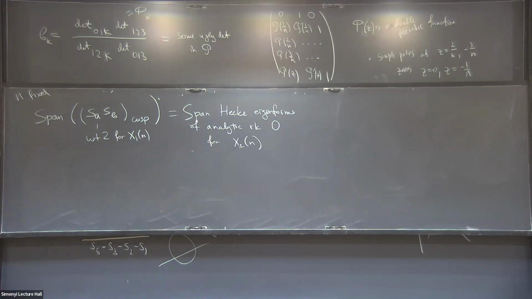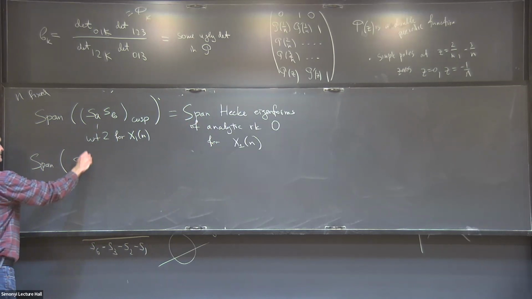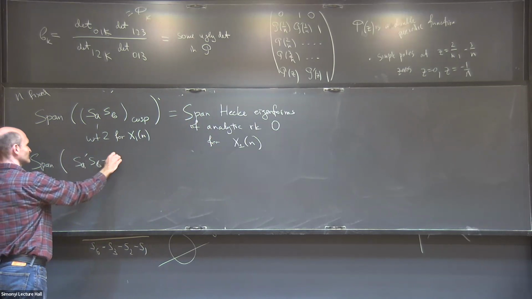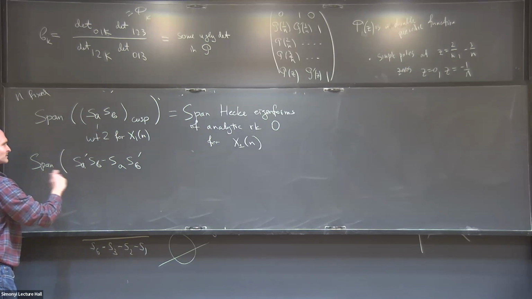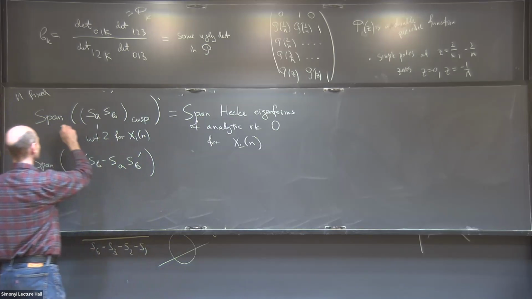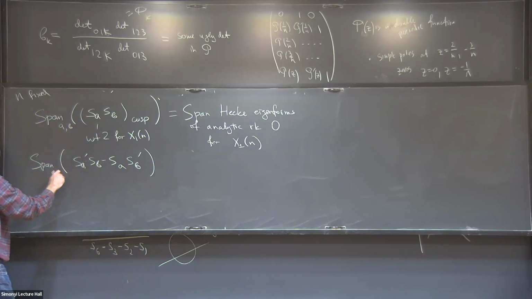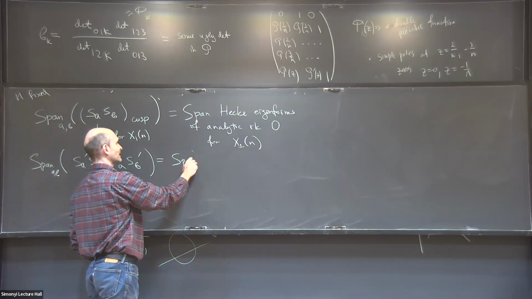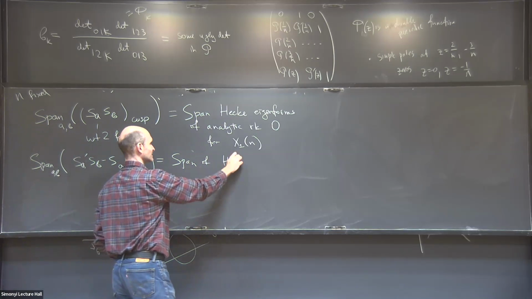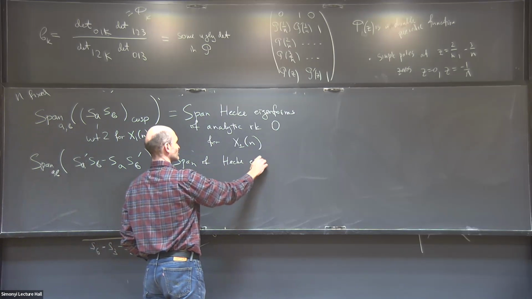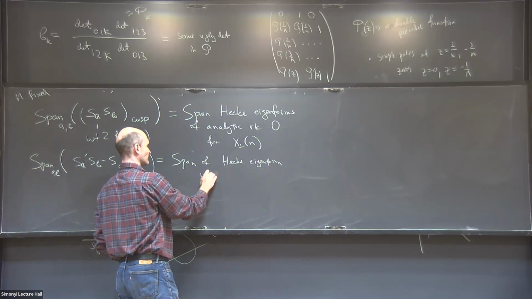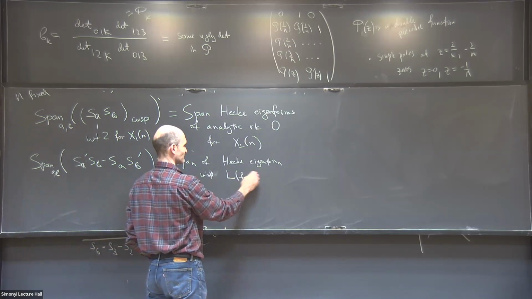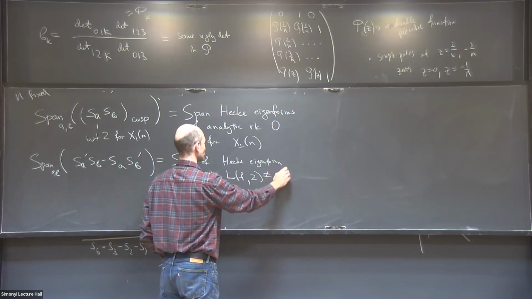There's also a funny statement that if you take Wronskians, where this is the derivative with respect to tau, and the span over all a and b, this is also the same as the span of Hecke eigenforms with L-function at the center of the critical strip not equal to 0.